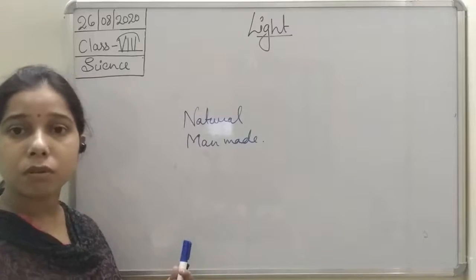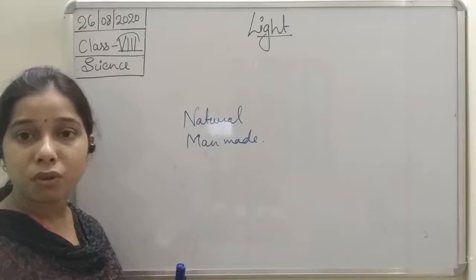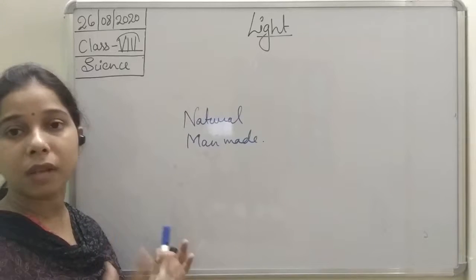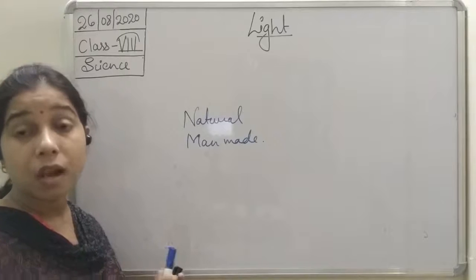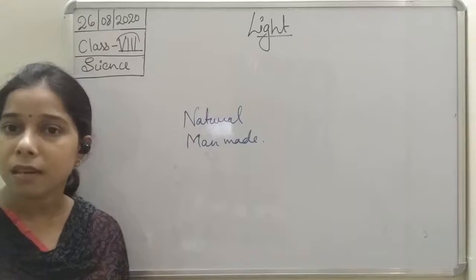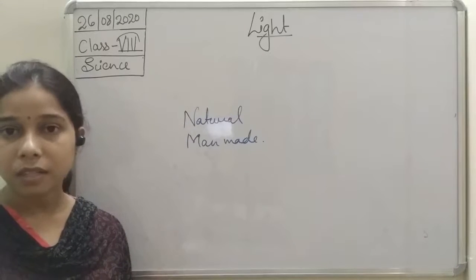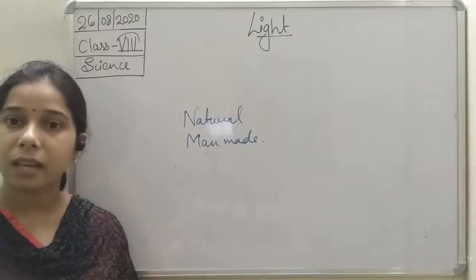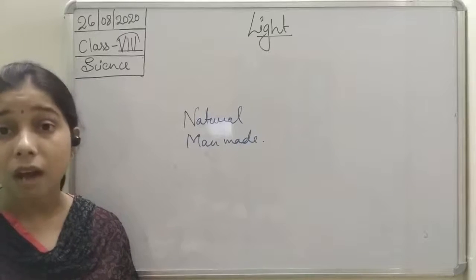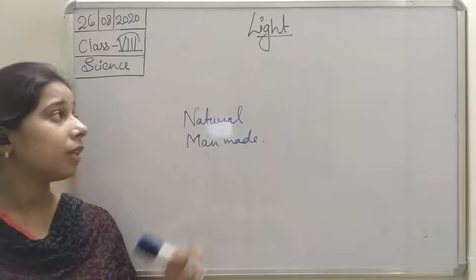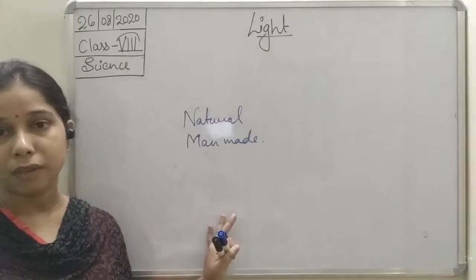The tube light or the electric bulb glows when you switch it on, and due to that you can see the things around you. The same with the natural, like the sun and the stars. These are the natural sources of light.